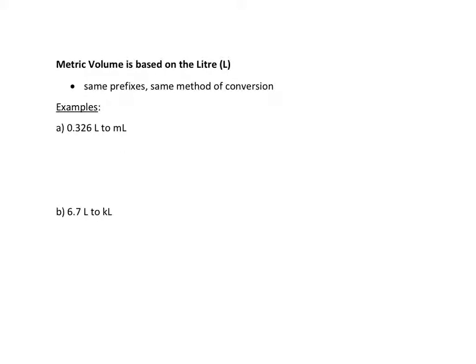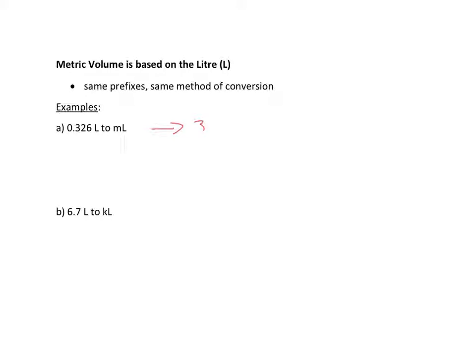Metric volume is based on the liter and uses the same prefixes and the same method of conversion. So you could use the same chart that you were using before when you're doing those conversions, just replace meter with liter. And so in this case, we're going 0.326 liters to milliliters.